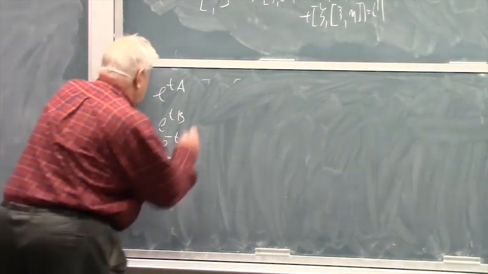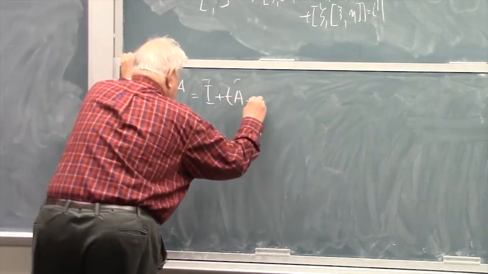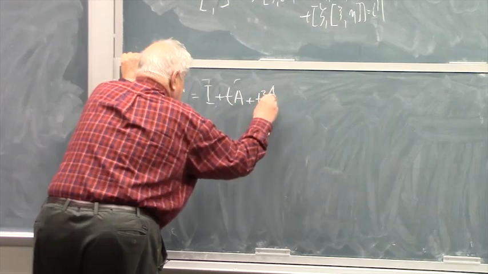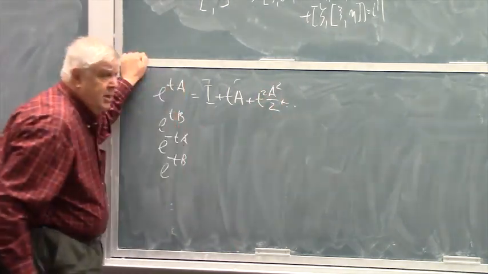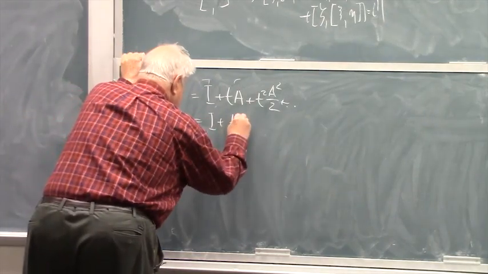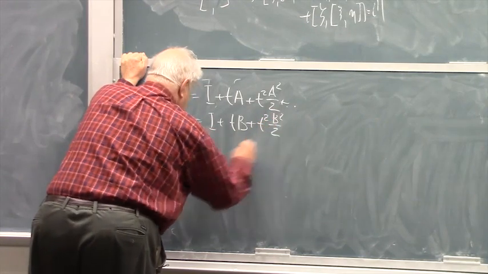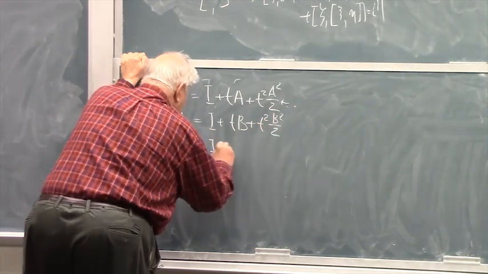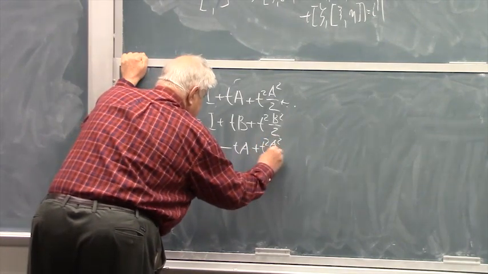So we do what? This is I plus tA plus t squared A squared over 2, and so on, which I don't actually need. This is I, the same. This is I minus tA plus, however, t squared A squared over 2.